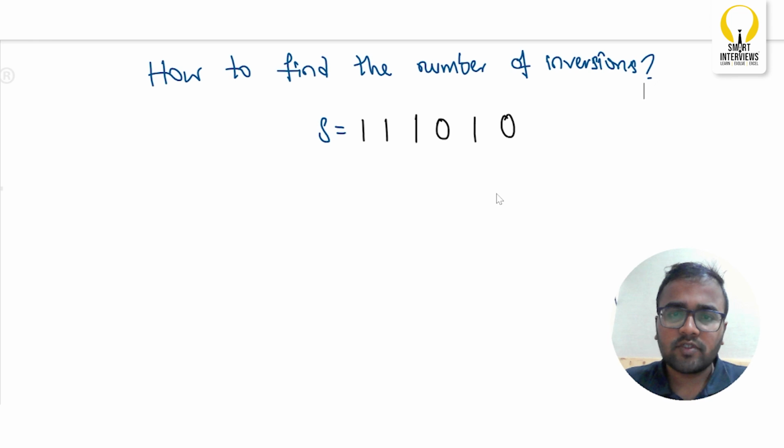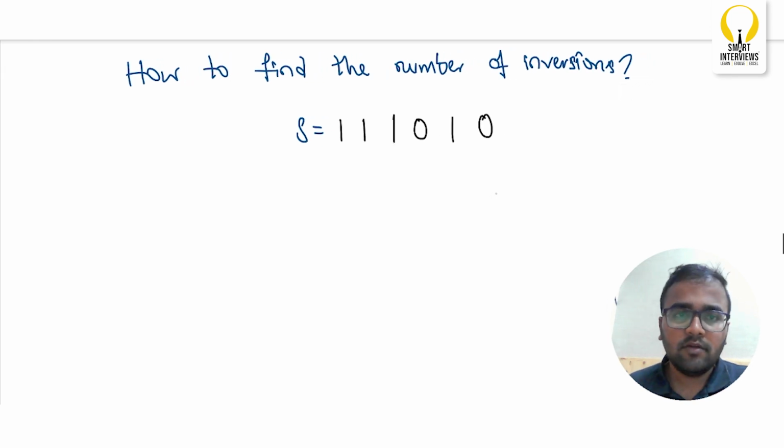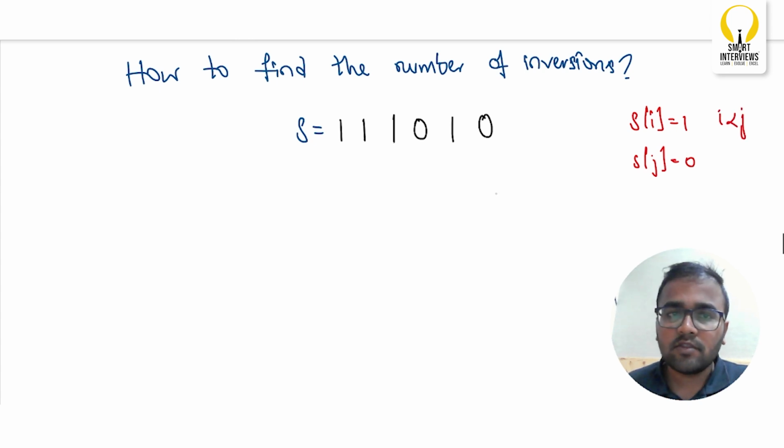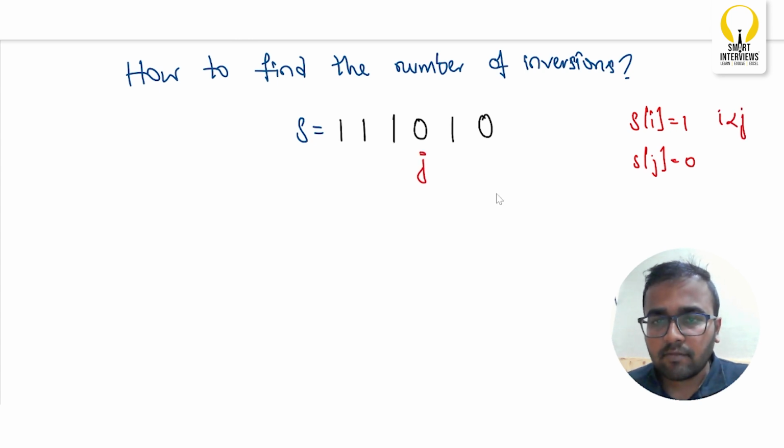How do you find the number of inversions in the given string? Let's see. An inversion is nothing but: for any pair i and j, s of i should be 1 and s of j should be 0, and i should be less than j. So for this, let us fix the value of j.